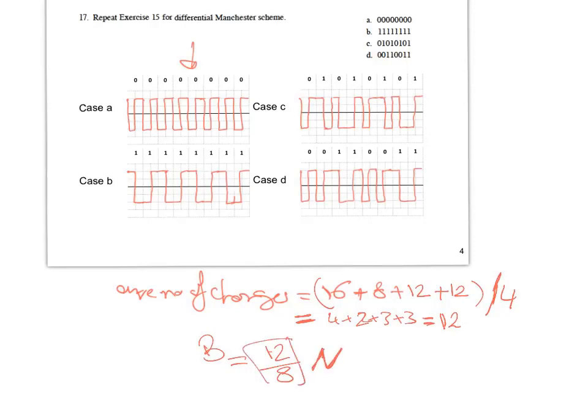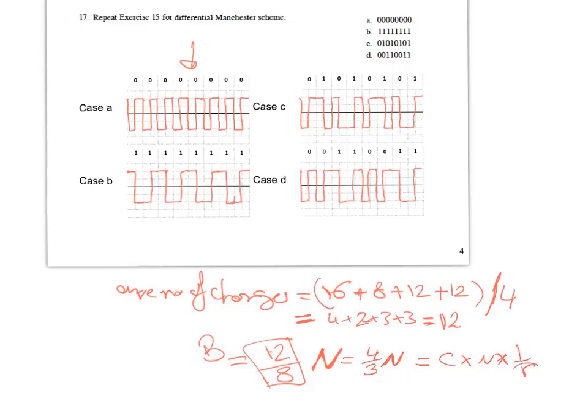So for 8 bits, these are the number of changes, and remember here that the original bandwidth was 4 over 3n. Not that it makes it very important, but remember here that the bandwidth is equal to C times n times 1 over r.